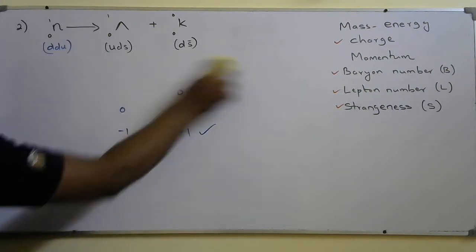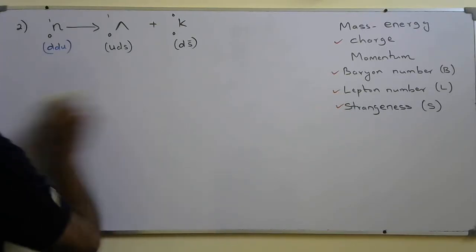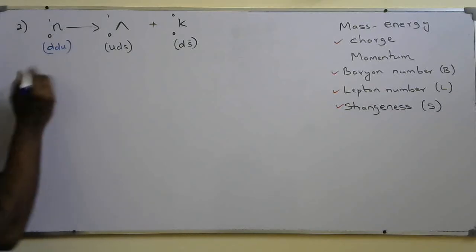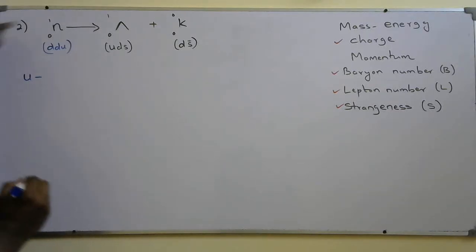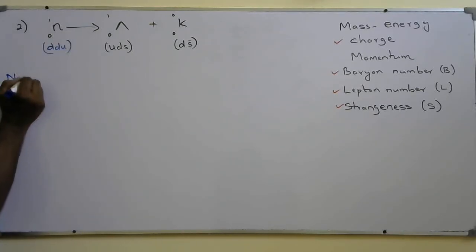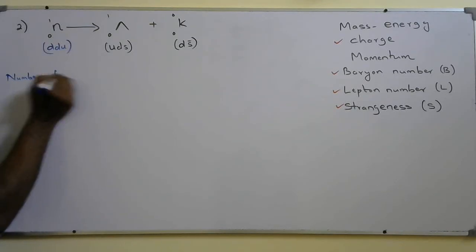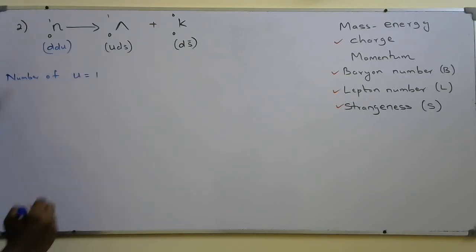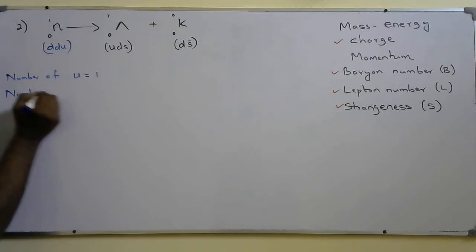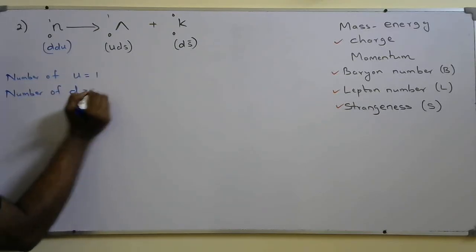So quark compositions are given. For neutron, you must remember. Okay, we'll check one by one. How many U quarks are there? Before interaction, there is 1 U quark. So number of U quarks, 1. Number of D quarks, 2.